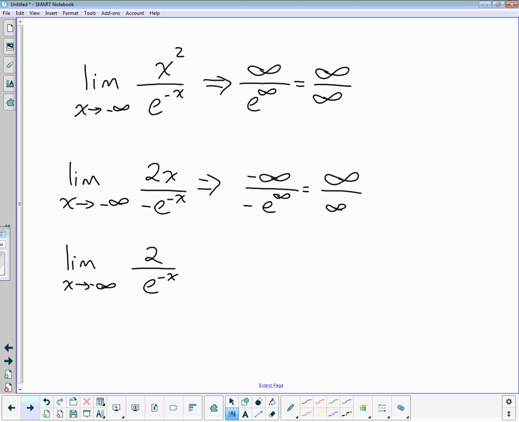Okay. Now when we apply the limit, my numerator just becomes 2, and I have e to the infinity, and 2 over infinity goes to what? 0. 0, right? Because my denominator is exploding. My denominator is getting huge.